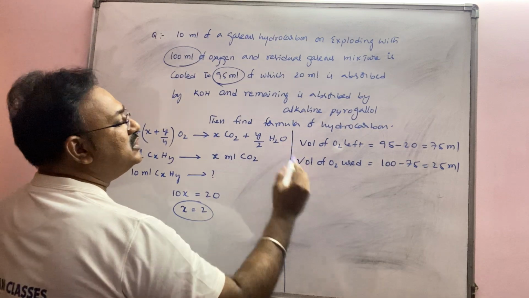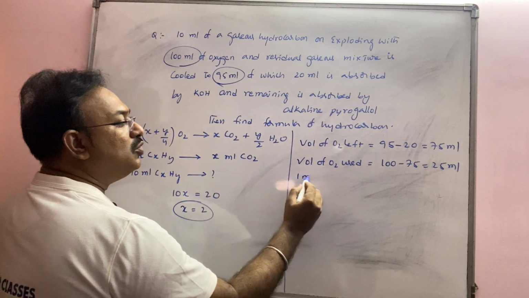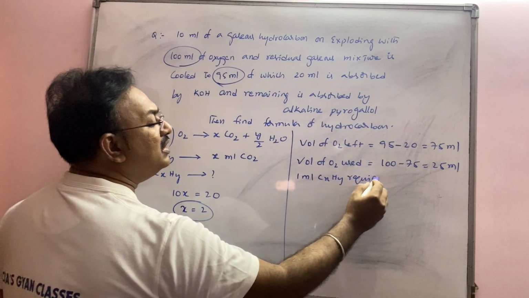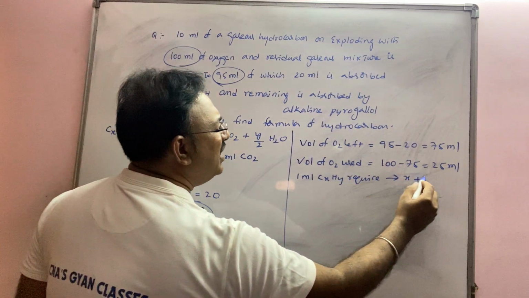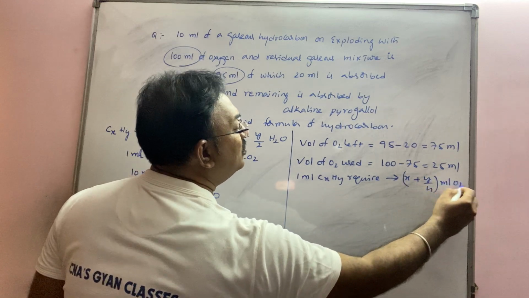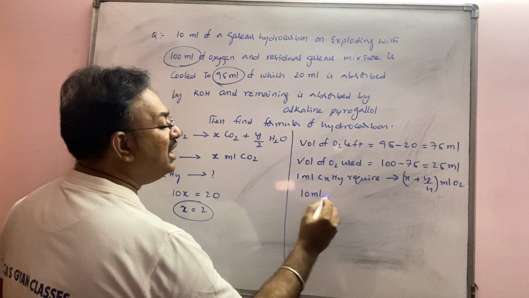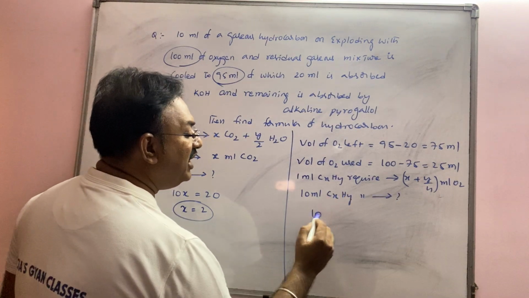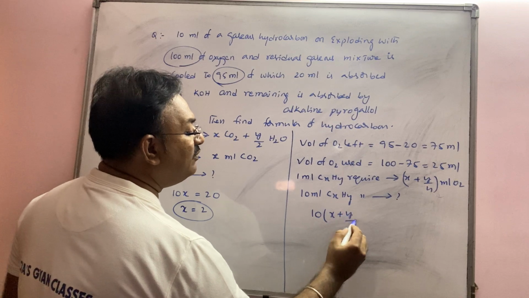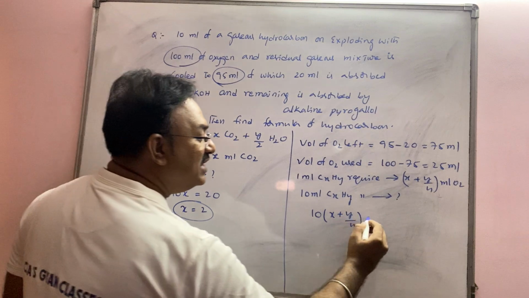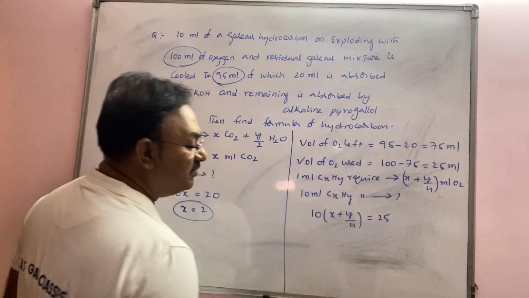How? Listen. As per the equation, 1 ml of CxHy requires (x plus y by 4) ml of O2. Then 10 ml of hydrocarbon requires how much oxygen? 10 into (x plus y by 4) ml of oxygen is required, and that is equal to 25.